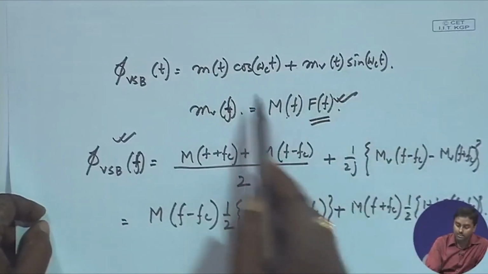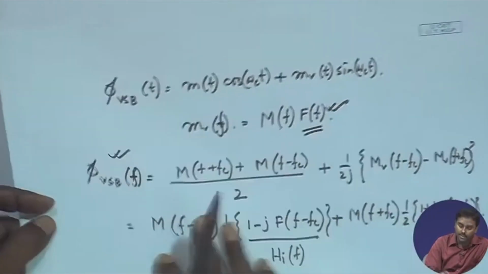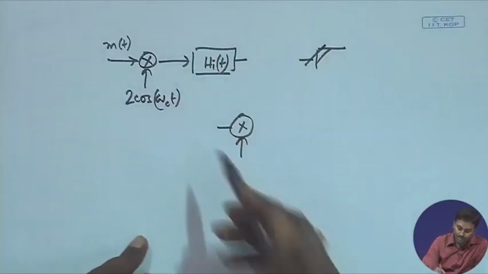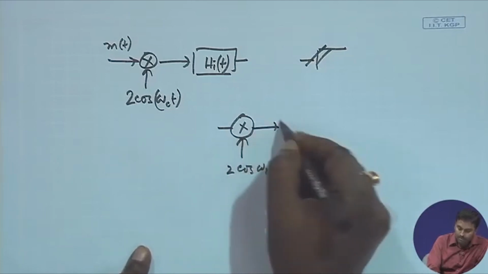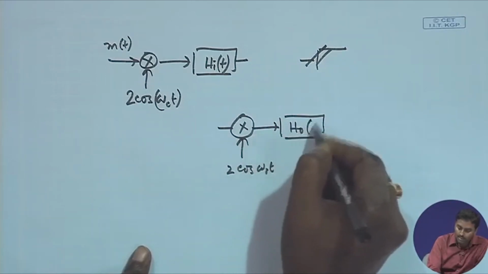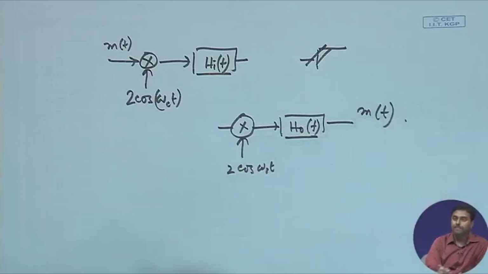So, if I just multiply by 2 cos omega_c t followed by whatever H_O(f), which is a low pass filter, I get my m(t) back. So, this is actually the VSB-SC modulation and demodulation.